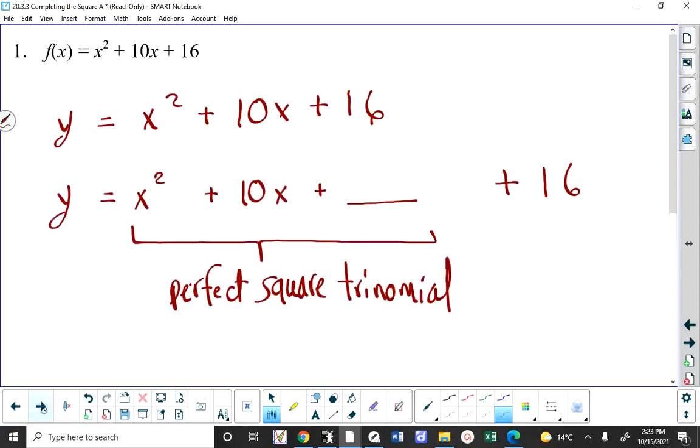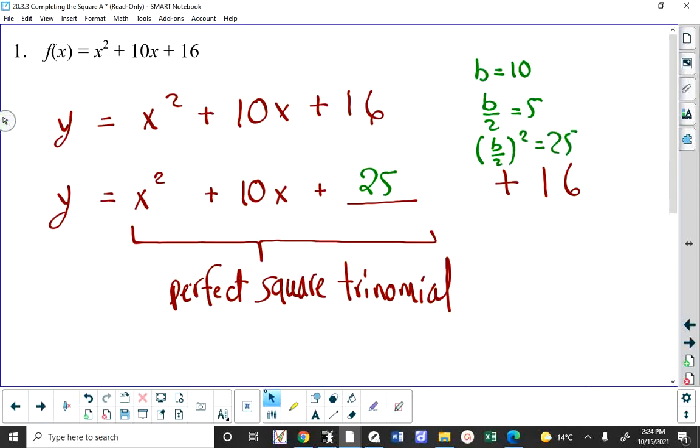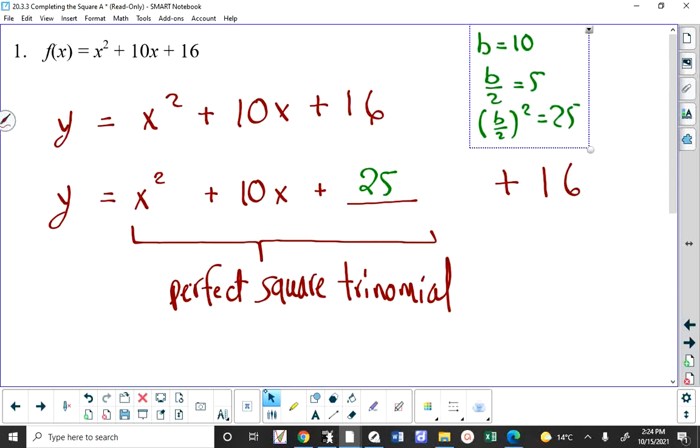So the number that we put here will be 25, because b equals 10, b over 2 equals 5, b over 2 squared equals 25. This is what we're doing in our head. Or on paper, I don't care. You're looking at b, you're dividing it by 2, and you're squaring the result. And it will always be plus, because when you square b over 2, it will always be plus.